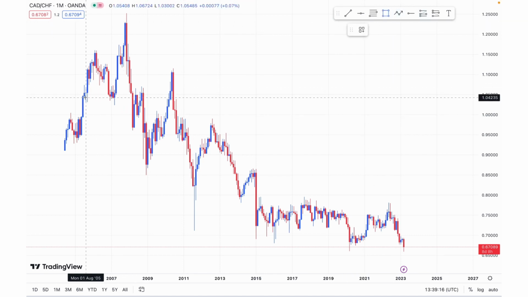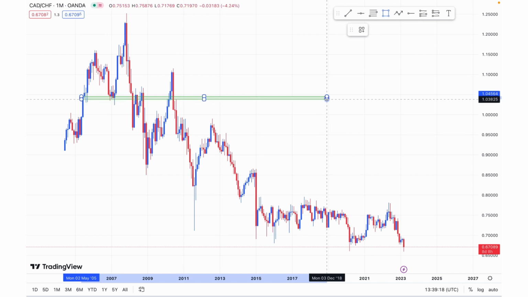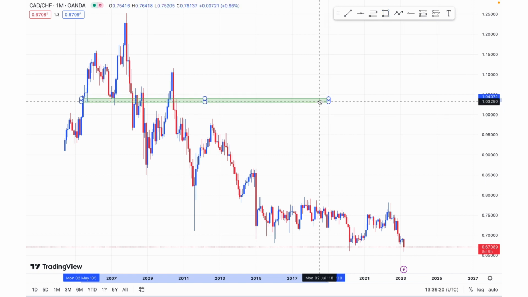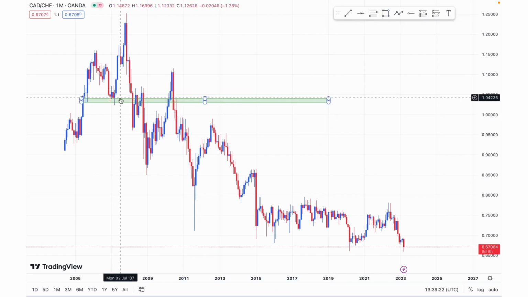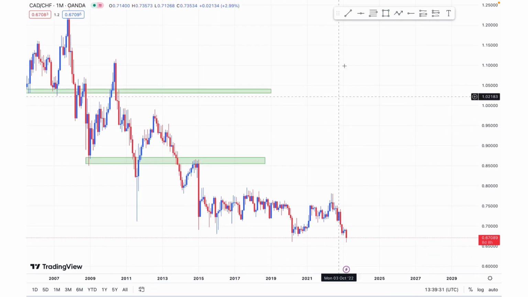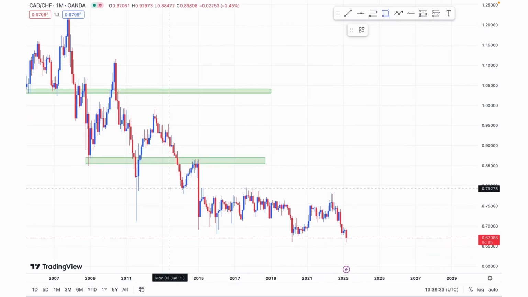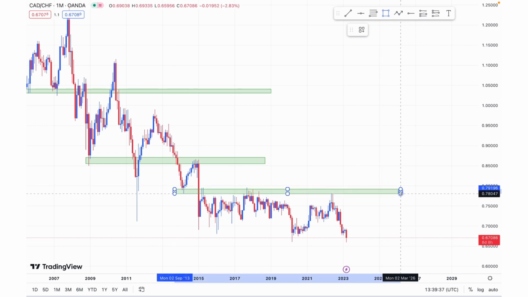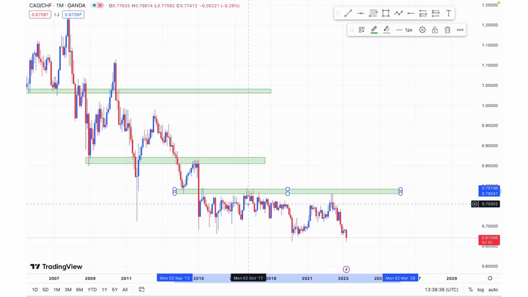So this is a low, and by saying this is a low, I mean this. And then here's another example, and this one has been testing. It has tested 1, 2, 3 times, right?